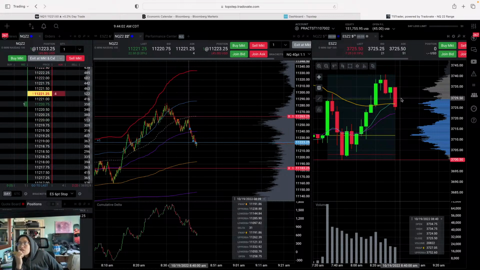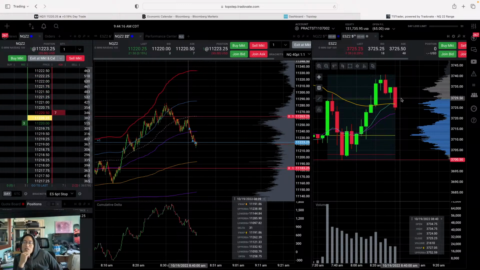We'll have to see how this closes. If we end up closing below VWAP and the 10 EMA on ES, maybe I just pop out of this trade.